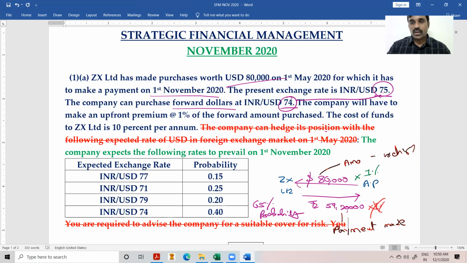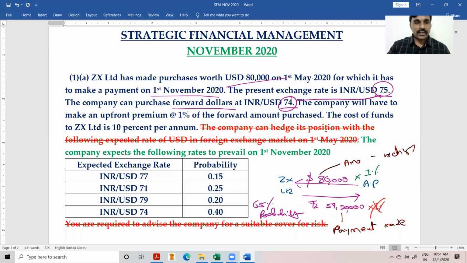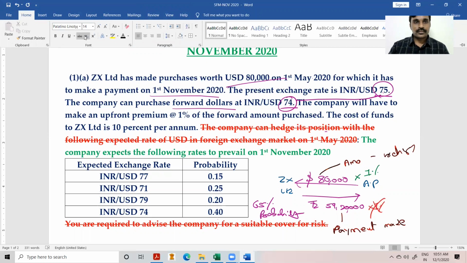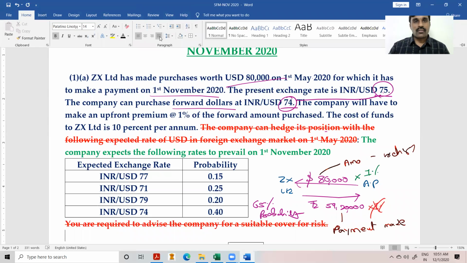You are required to advise. According to me, the correct sentence would be: you are required to advise whether to cover the risk or not.